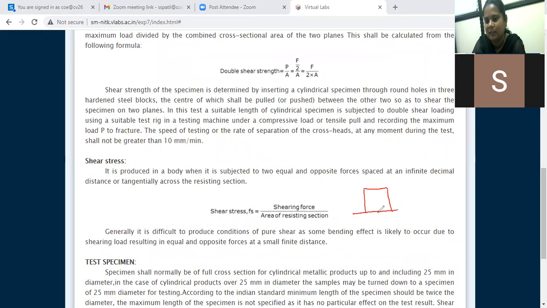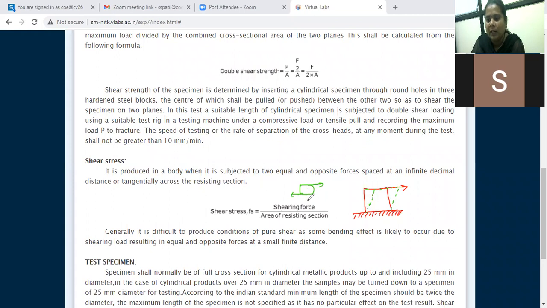You have already studied it, that's why I am asking. Okay, so what is meant by shear stress?